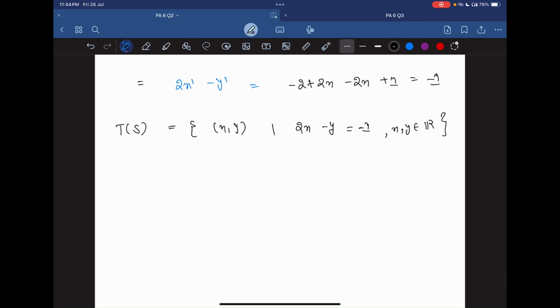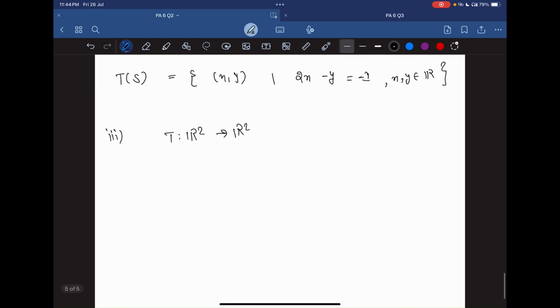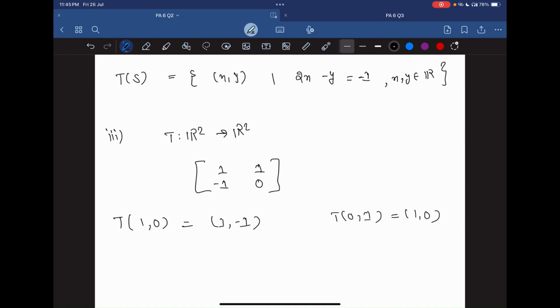So now let's look at the third linear transformation, and its matrix representation is as shown. So again, T of 1, 0 is equal to 1 comma minus 1, T of 0, 1 is equal to 1 comma 0.